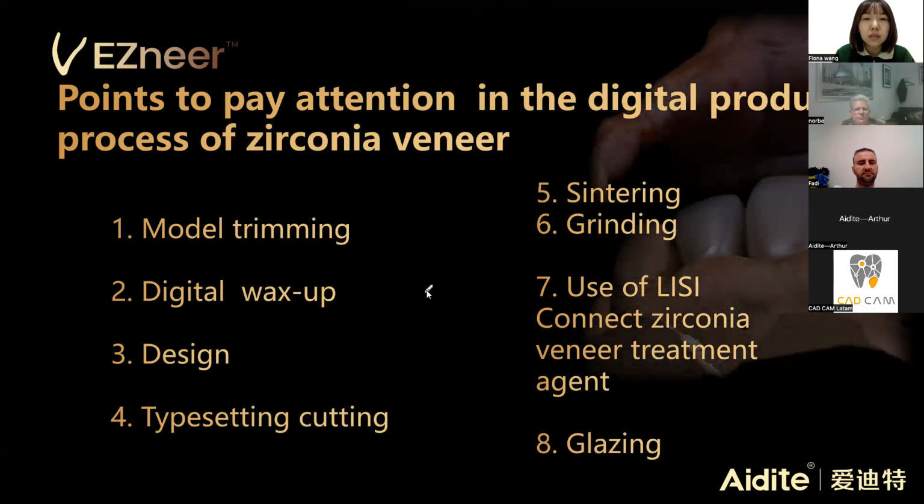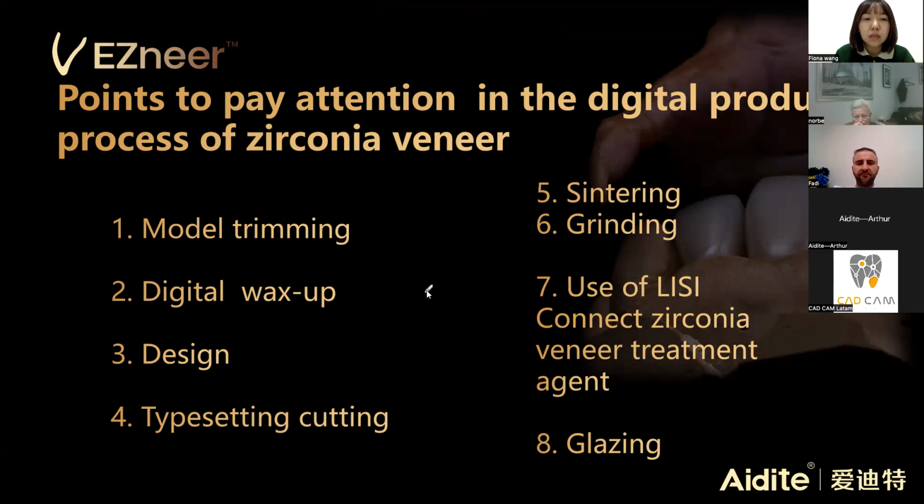Okay, so next I will also share with you, when we use the EZneer to make the veneers, which points we need to pay attention to. We have 8 points.